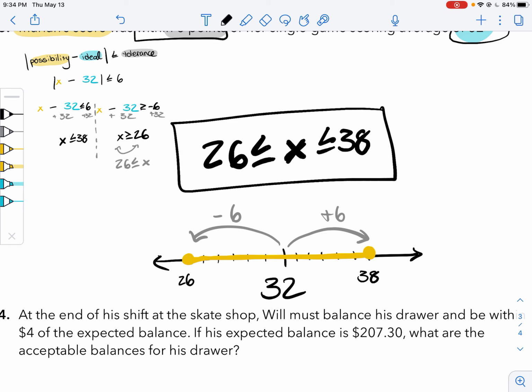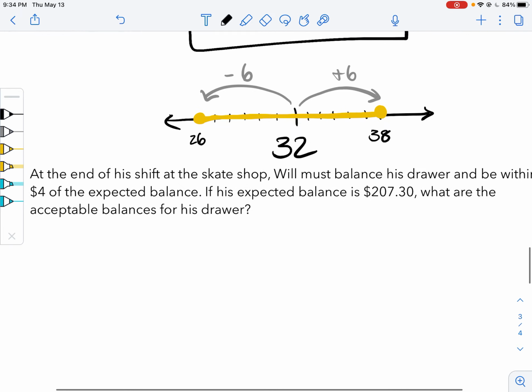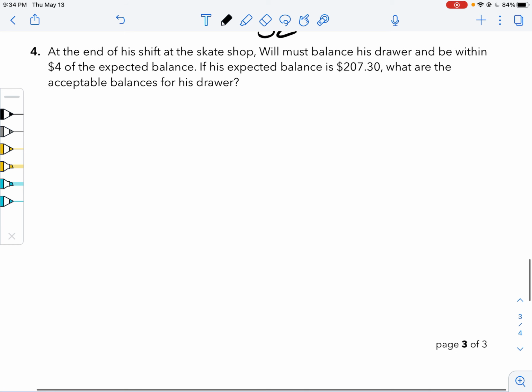Cool? Cool. Now we've got our friend Will working at the skate shop, and he has to balance his drawer and be within $4 of the expected balance.